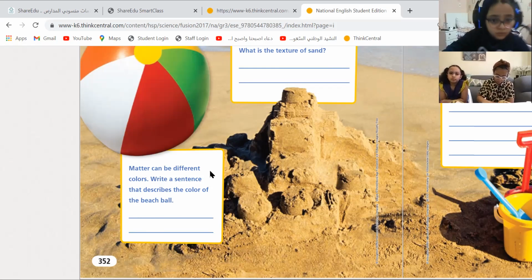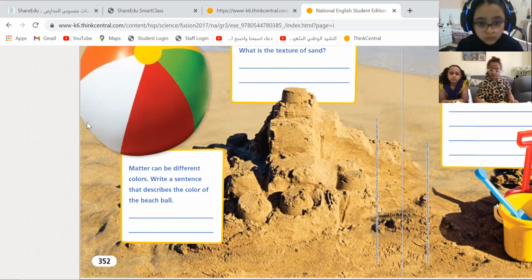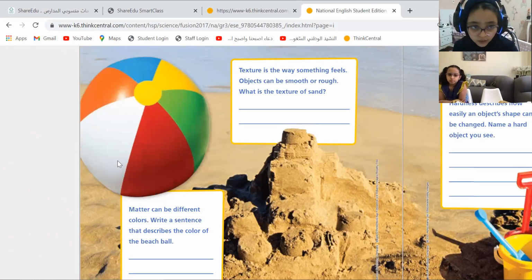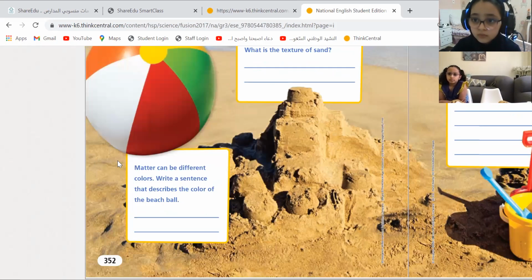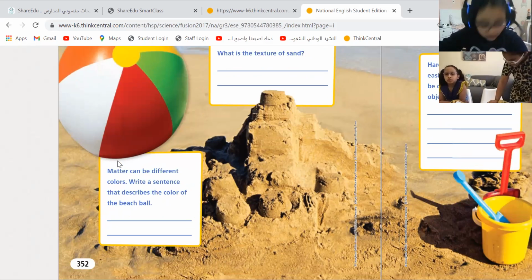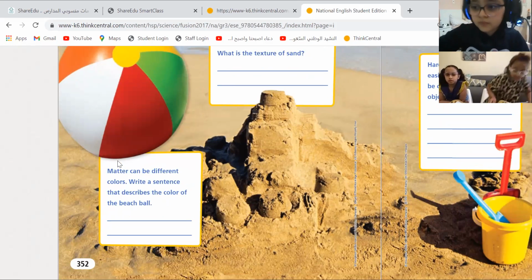Write a sentence that describes the color of the beach ball. It is red and white, green, yellow, orange, and blue. Can you write one word for so many colors? A rainbow. Okay, or we can say it is a colorful ball.